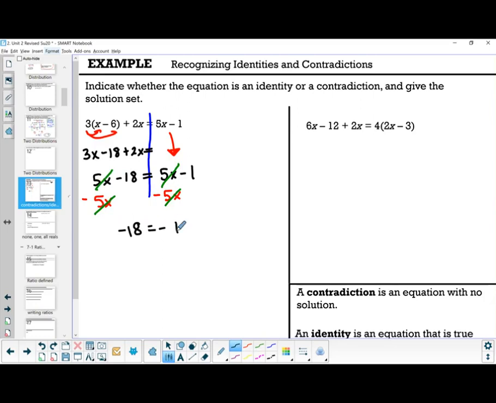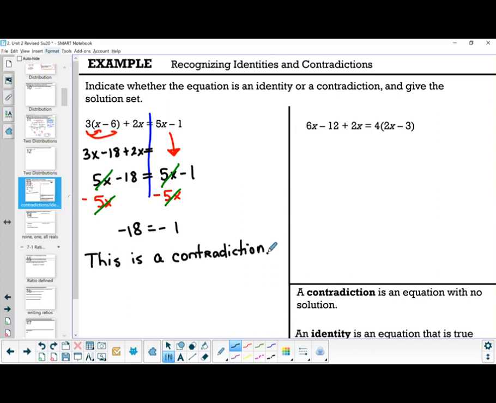This is a statement that's not true, right? We call this a contradiction. Negative 18 does not equal negative 1.